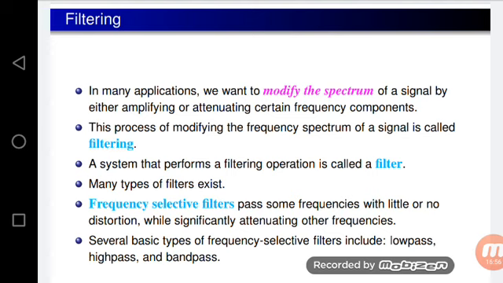Many types of filters exist. The first one is the frequency selective filter. A frequency selective filter passes some frequencies with little or no distortion while significantly attenuating other frequencies.